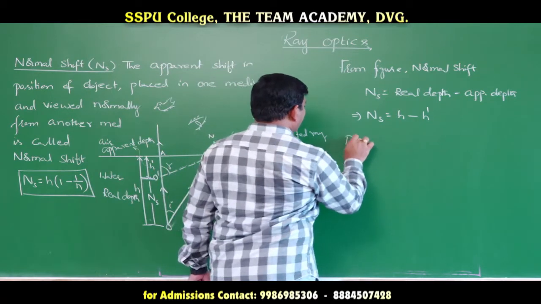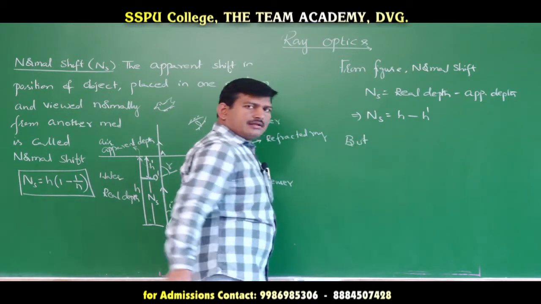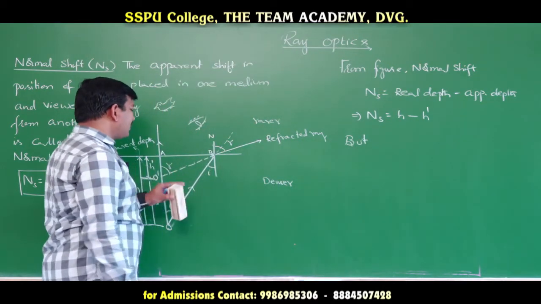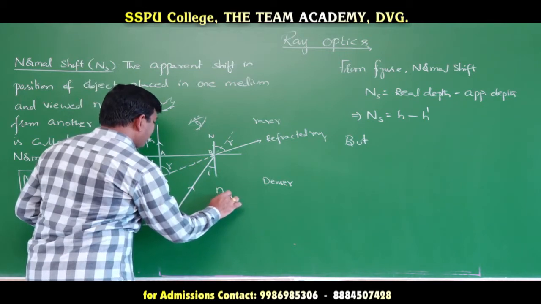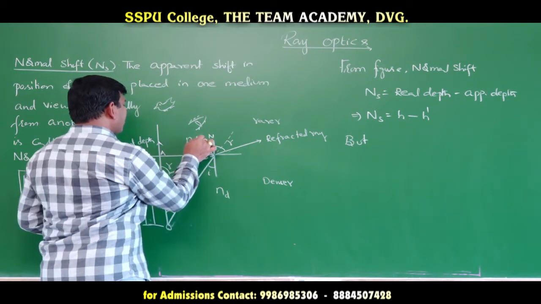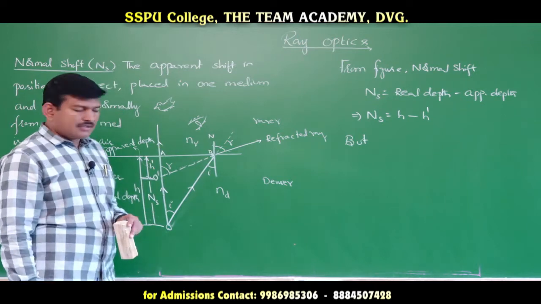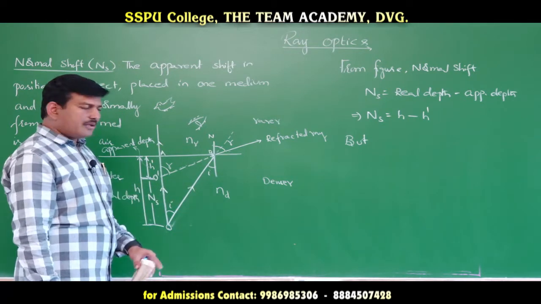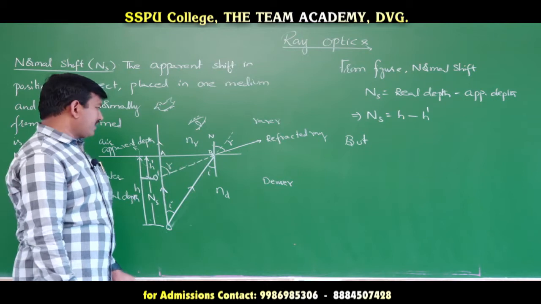But the refractive index of the denser medium, let me take it as nd, and the refractive index of the rarer medium is nr. nd is the refractive index of the denser medium and nr is the refractive index of the rarer medium.